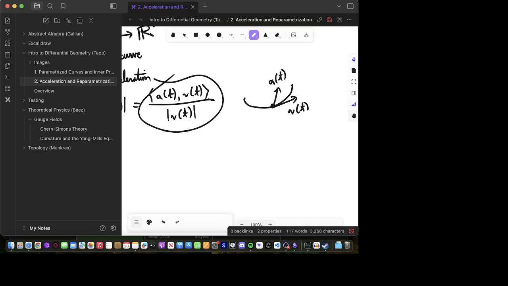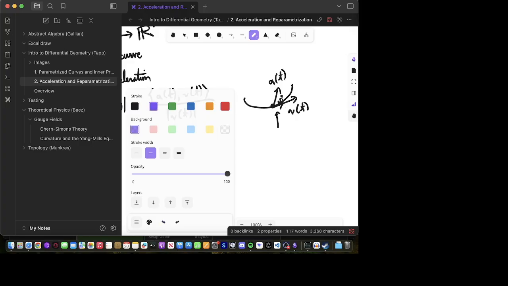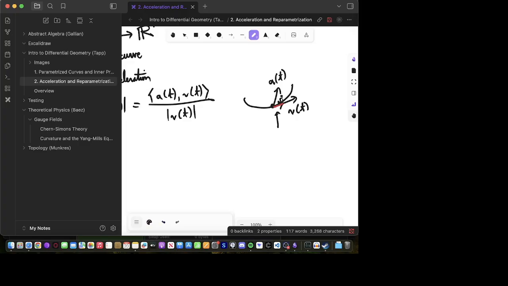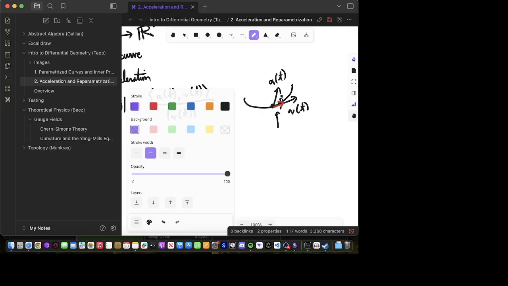This right here is simply the component of the acceleration in the direction of v of t. So that would be this arrow right here, where that is a right angle. You know what? Let me draw this right there. It would look like that.